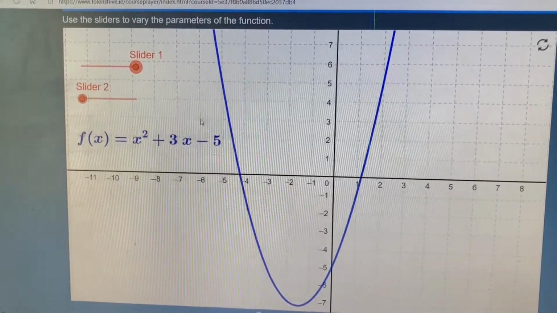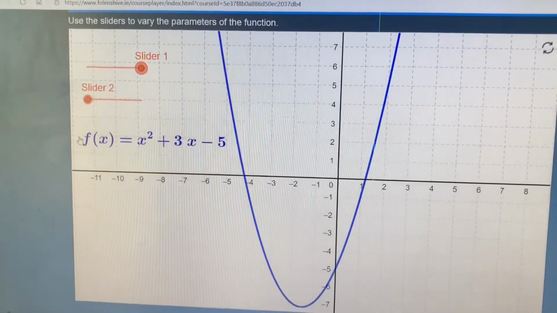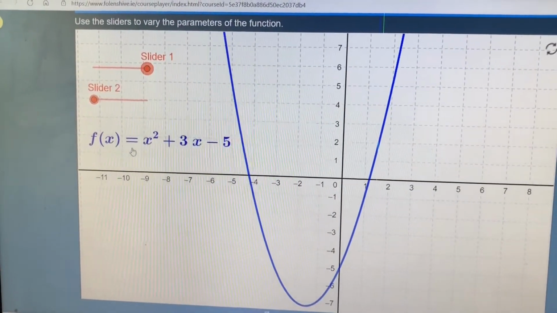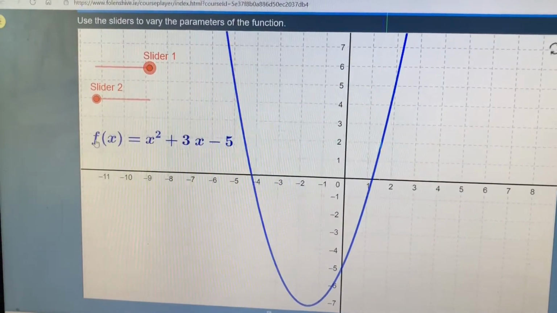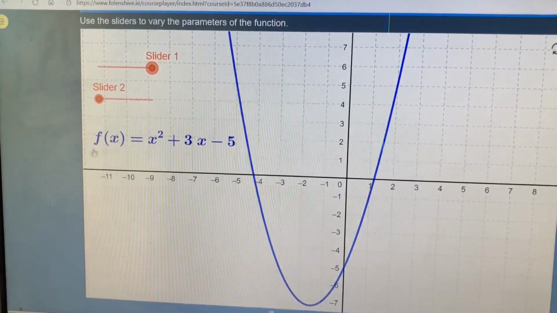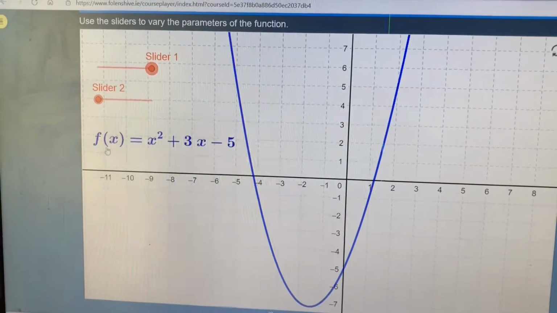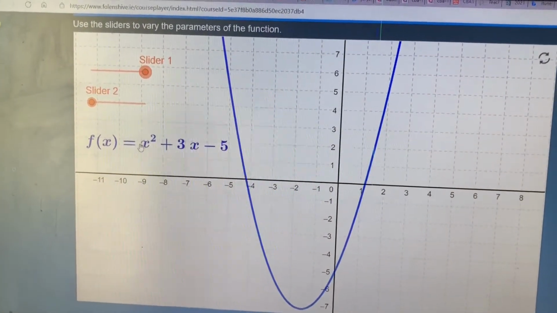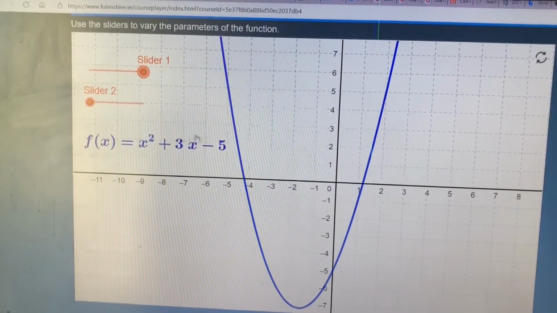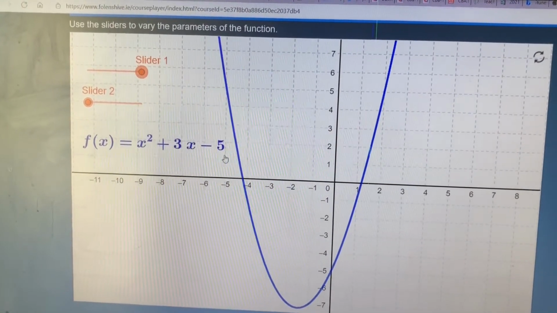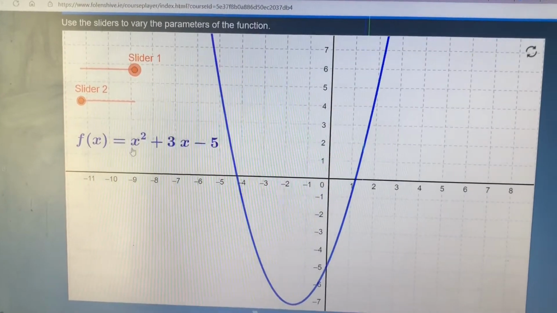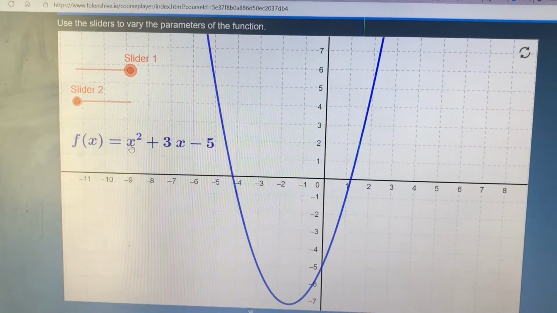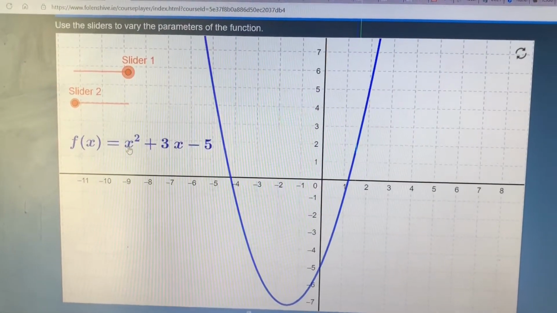Alternatively, we can look at the equation form where we see we have f of x on the left-hand side of our equals sign. We know that that simply means that we have a function, its name is f, and that we're going to put inputs into it, and then to get the outputs we're going to perform this rule, so these calculations, the right-hand side of this equation. Each time we see the x, we know that that is the input that we're going to put into the machine.